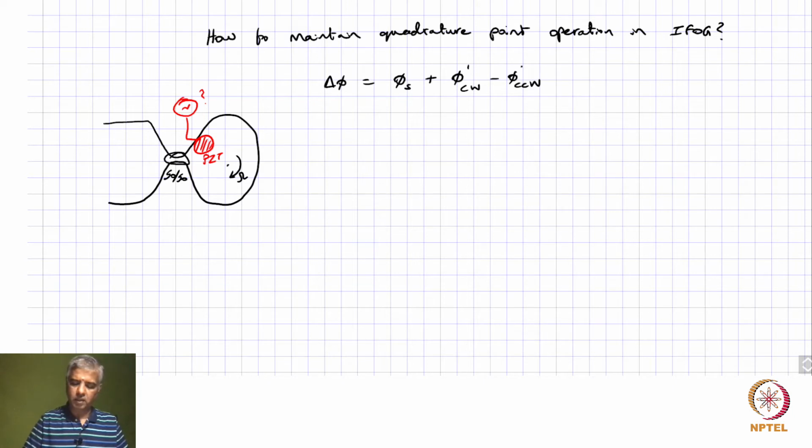Maybe you can just say phi prime or something like that. So, what should this be? Now, if these are static values, they cancel each other because both of them are going through the same path. But now you have to clearly make it vary with respect to time. So, how do you get it to vary? That is the question.